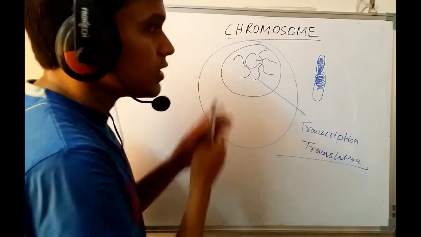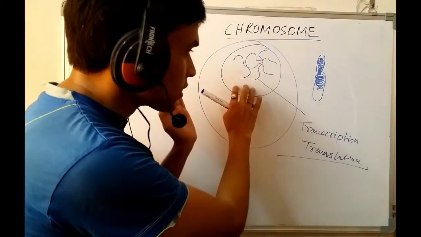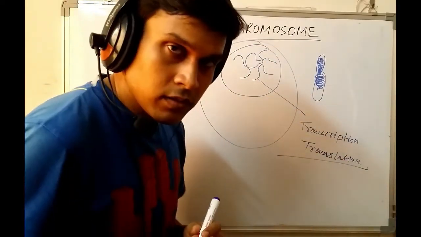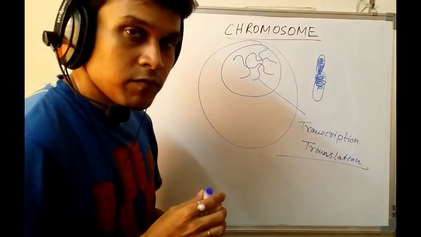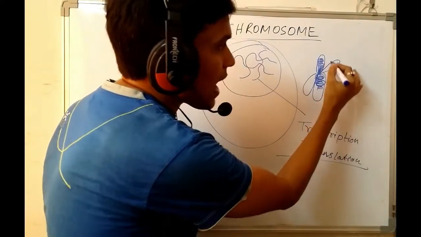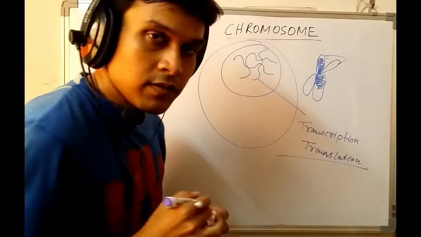But after interphase, the cell makes another copy of its chromosomal structure, and the chromosomes start condensing. After condensing, they look something like this, and each is called a chromatid, and both of them are sisters to each other.